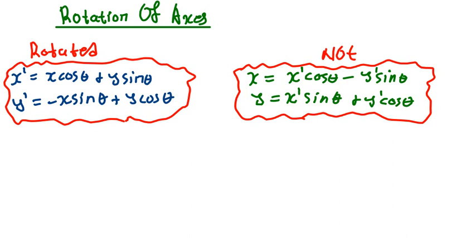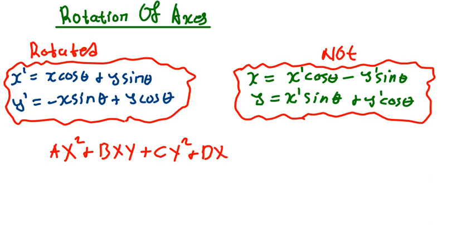If it was rotated, maybe the general equation is going to be something like capital X squared plus b capital X capital Y plus c capital Y squared plus dX plus eY plus f equals 0.